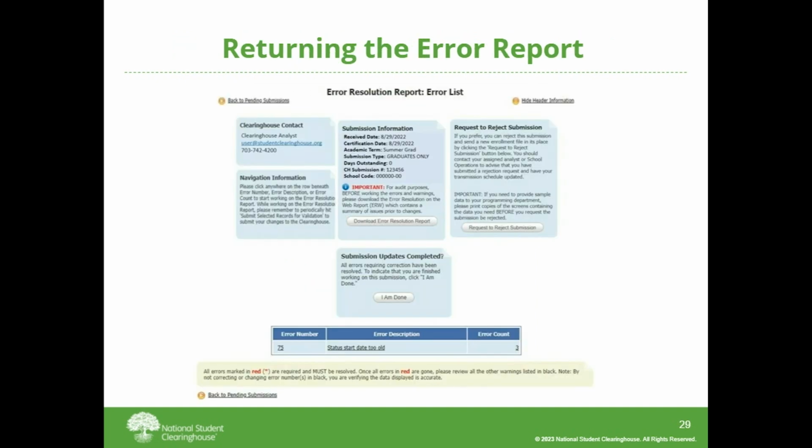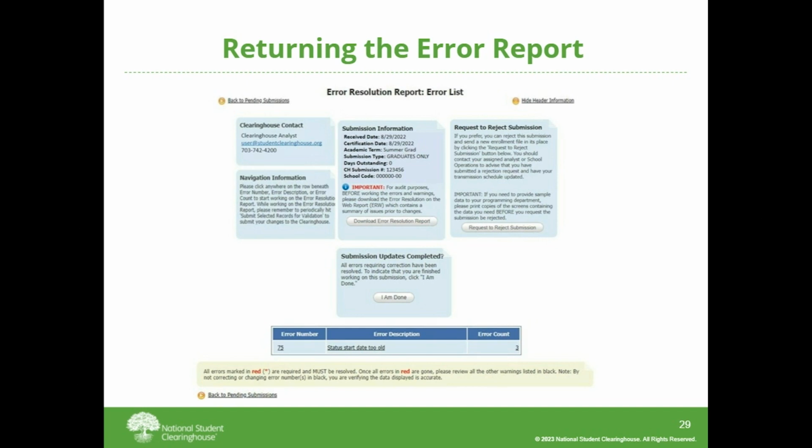Once all errors and warnings have been addressed and there are no longer any errors or warnings present on the main error page, the file will automatically return to the clearinghouse for the assigned analyst to review. If no red errors are present on the file, but there are black warnings still present, the I am done button will appear on the screen above the list of remaining warnings.